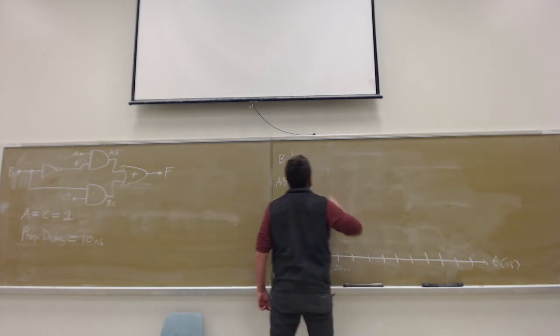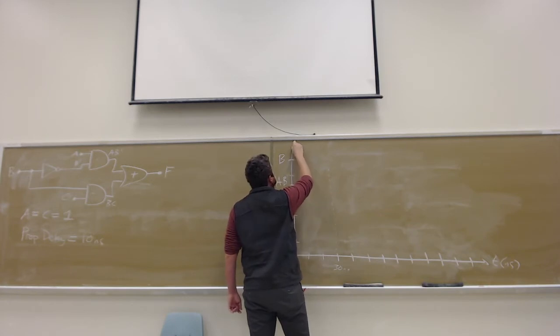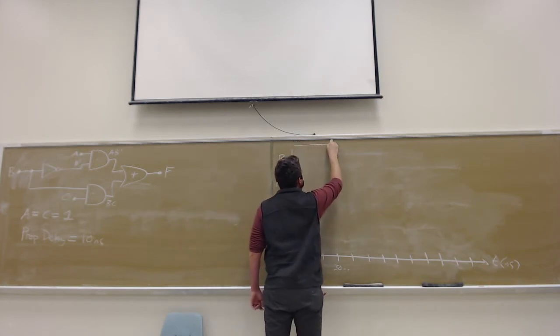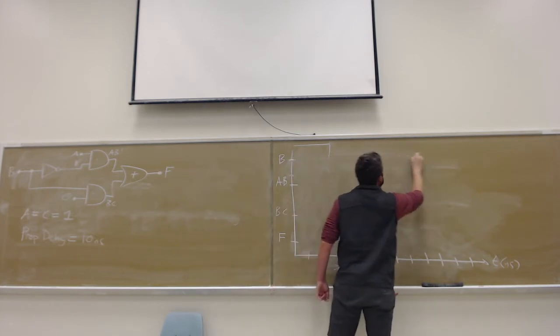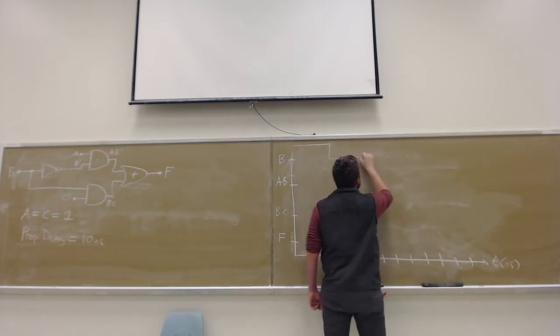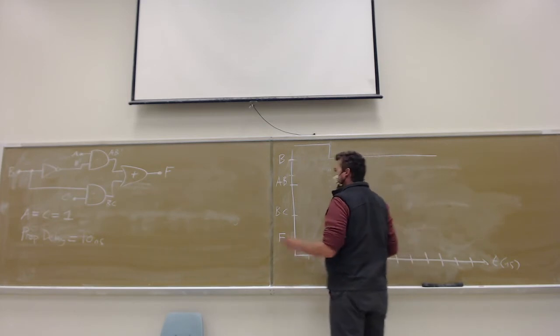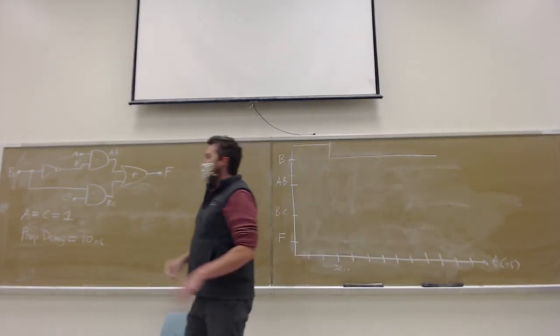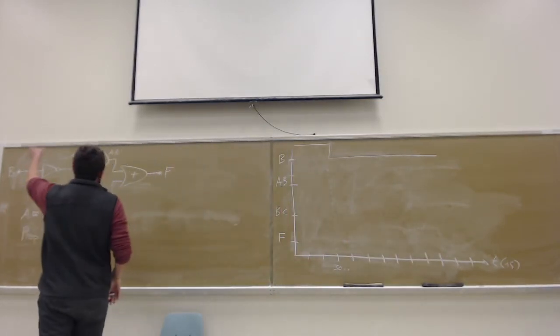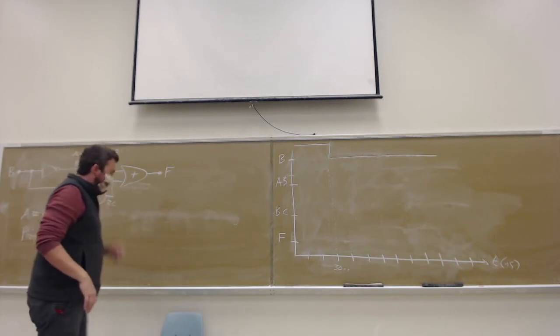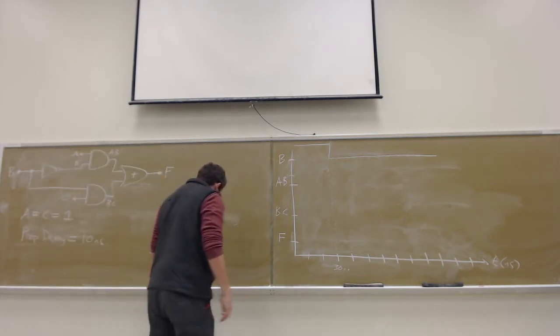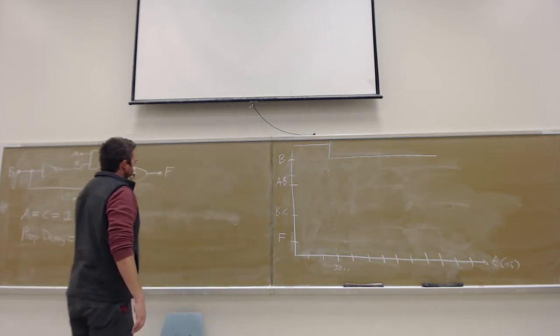B is going to be at 1, and then it's going to go to 0 at 30 nanoseconds, and then it's just going to stay at 0 forever. So this is the transition that we care about. A and C are both equal to 1. B is going to switch from 1 to 0, and then stay there forever.